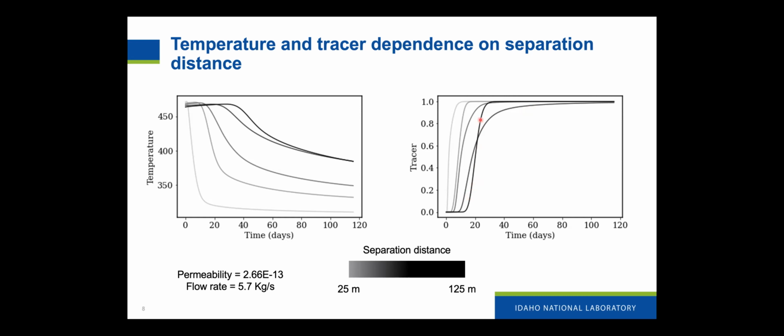Rob just pointed out before the presentation that this one plot is looking weird. It might have been a mistake on what CSV file I grabbed while post-processing the results. So I will look at it again, but we expect that at 125 meters separation distance, this tracer mass fraction will be more delayed compared to the other distances in terms of it reaching saturation.